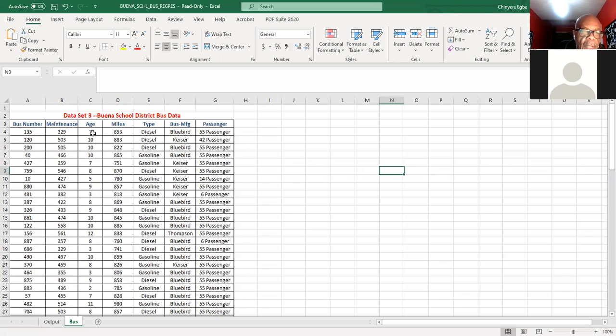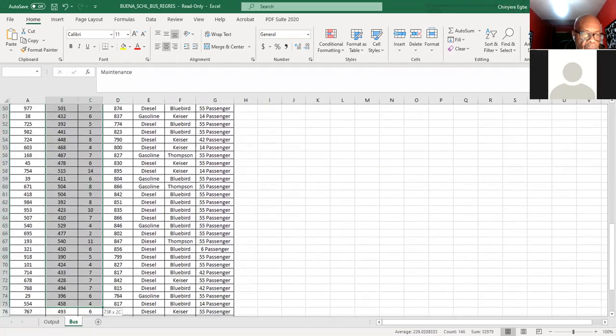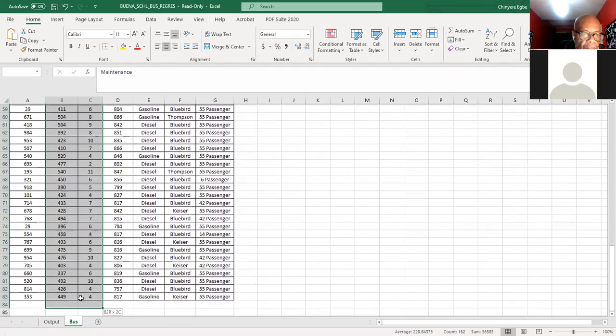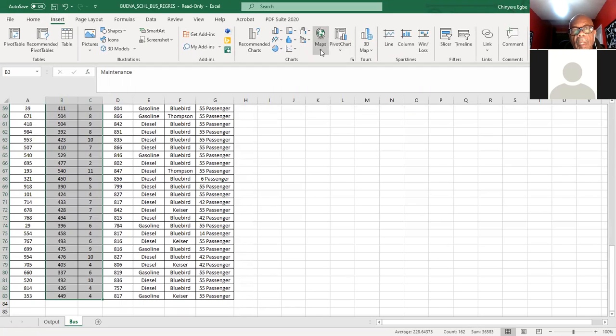The older a vehicle is, or the older the bus is, the more mileage you put on it. So let's just take maintenance expense and age. I'm going to insert, and I'm going to take charts here. I'm going to take the scatter diagram.